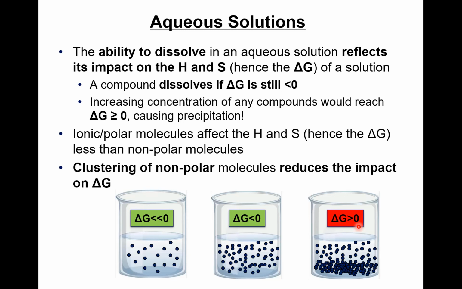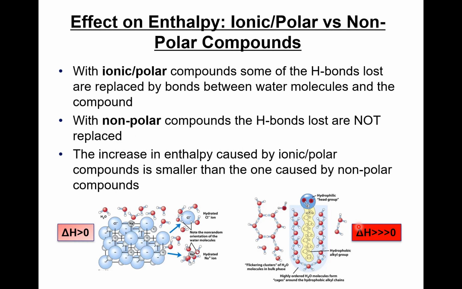Now, let's start moving to the difference between polar and non-polar compounds. I'll group together ionic and polar compounds versus non-polar or amphipathic compounds, so molecules that have a polar head and a non-polar tail, like phospholipids, for example. I'll put them together all as non-polar compounds, just for clarity.